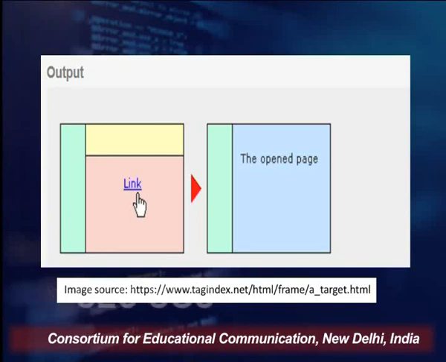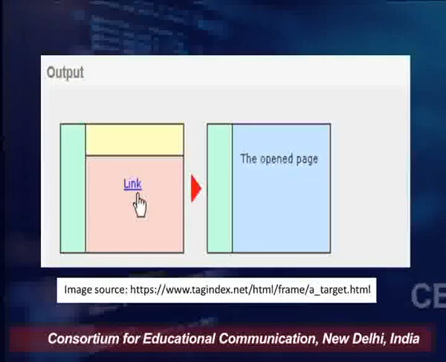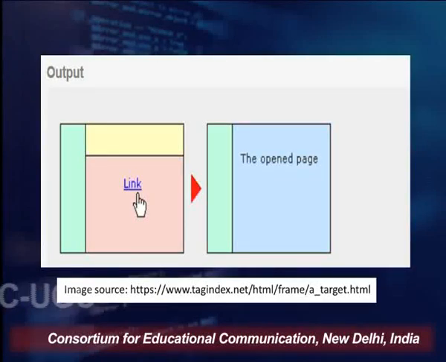Again, the thinner row is shown in light yellow, and the wider row of more height is shown in pink, which is our frame having the link. So if I say parent, and the target information is saying parent, then whenever you open the link, it opens in the parent frame, that means the frame in which this is displayed.